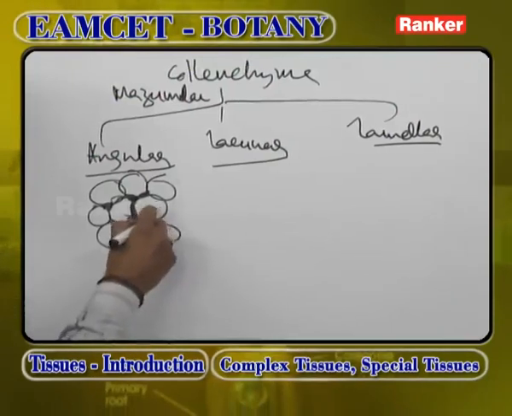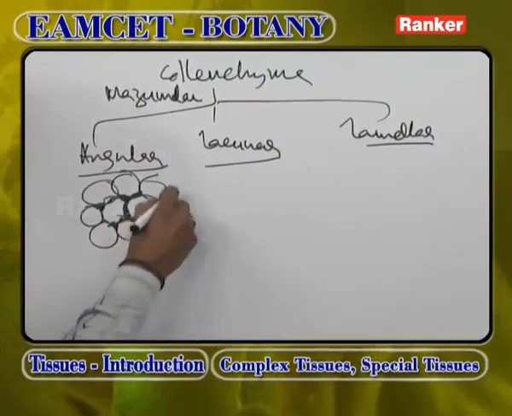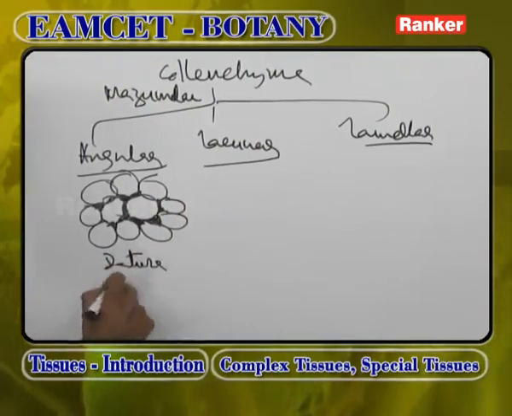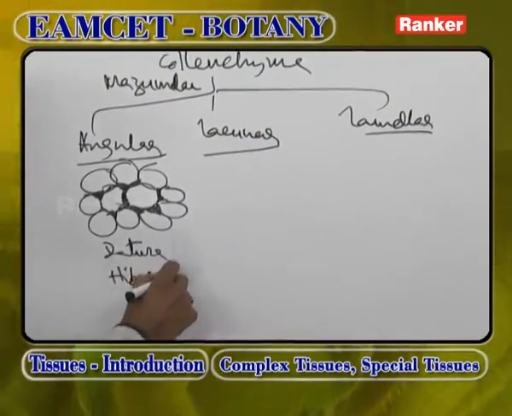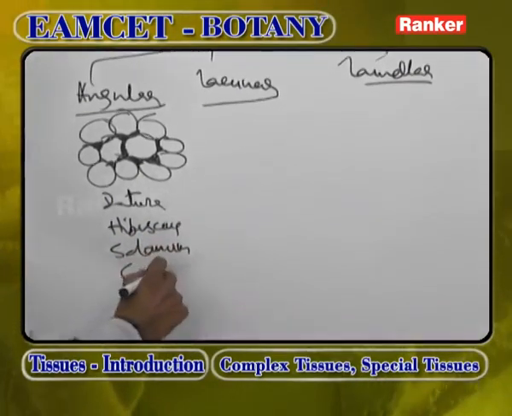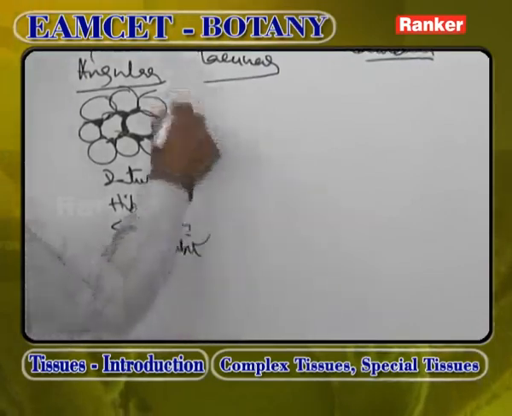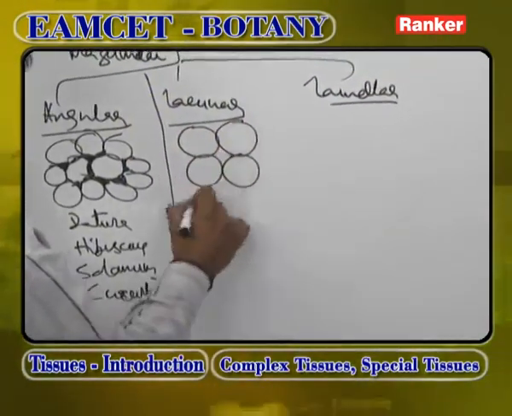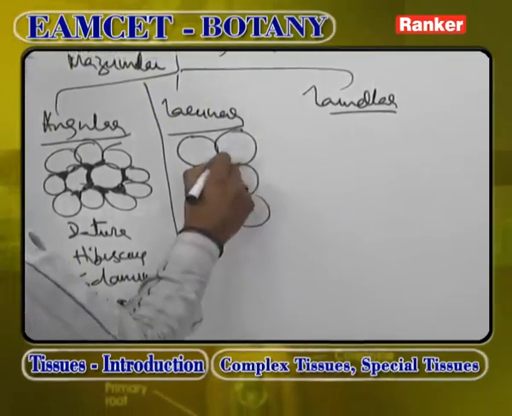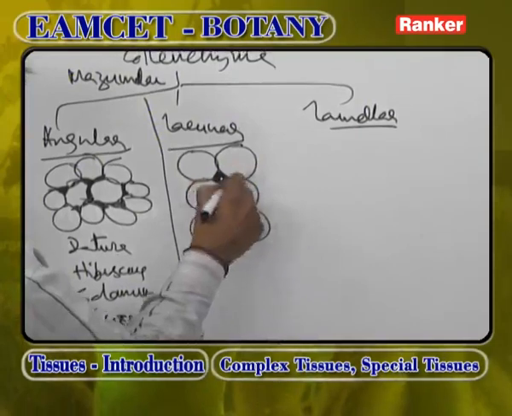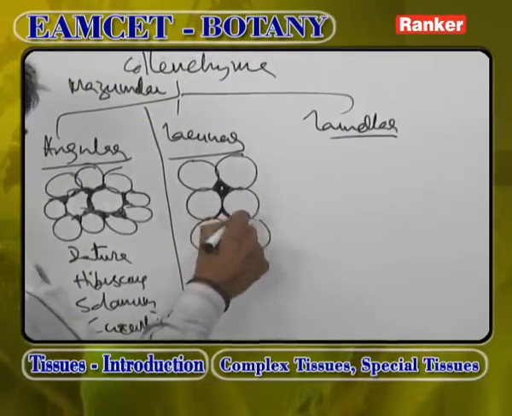It is the most common type, found in many plants like Datura, Hibiscus, Solanum and cucurbits. Then lacunar collenchyma: here the cells are arranged in a regular manner, and an empty space is present at the center, surrounded by chemical substance depositions.